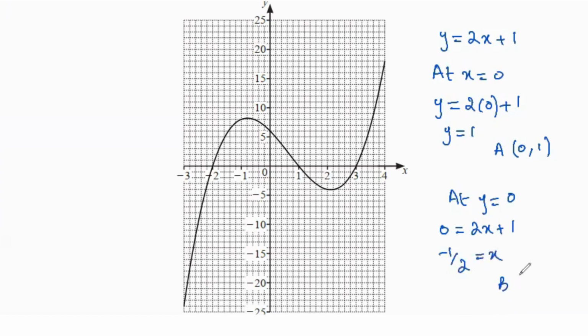So point P is going to be (negative 1 over 2, 0). So just plot these 2 points. (0, 1) is going to be over here, and (negative 1 over 2, 0) is going to be over here. Yeah. So now let's connect these 2 points.